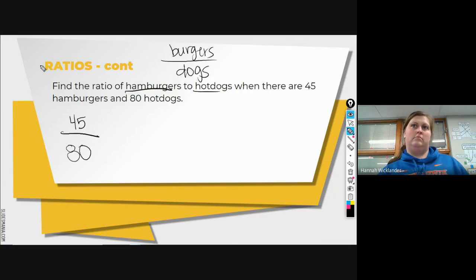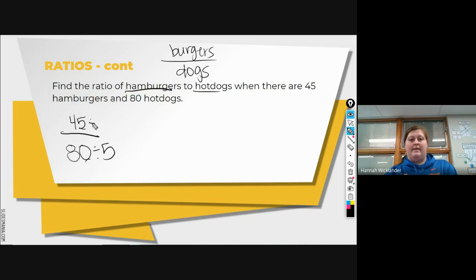No. Okay, so my quick tip for simplifying: if both numbers end in an even number, it can be divided by 2. If both numbers end in 5, or both numbers end in 0, or both numbers end in a 5 and a 0, it can be simplified dividing by 5. So I see a 5 and a 0, 45, 80. So I'm going to divide both of them by 5 because I know they're both divisible by 5.